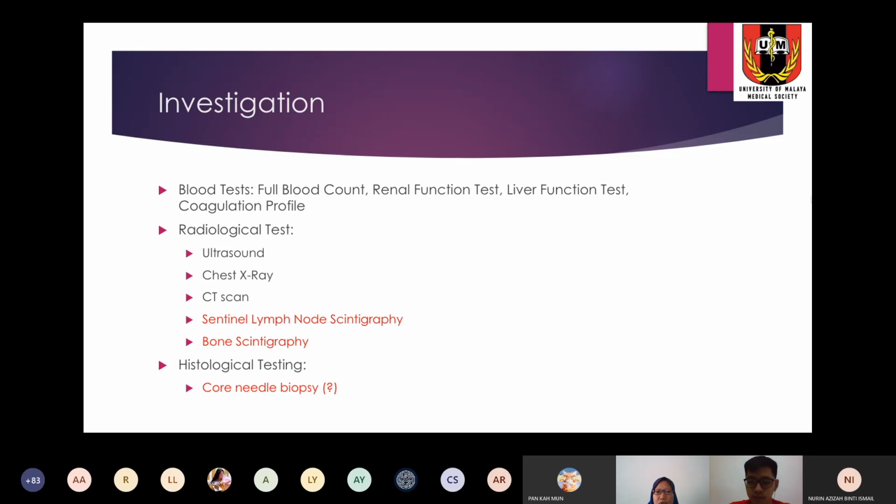So the reason behind doing a mammogram is that you want to check whether this is only one particular lump or whether there is any microcalcification that can be seen in mammogram that you cannot see in ultrasound.